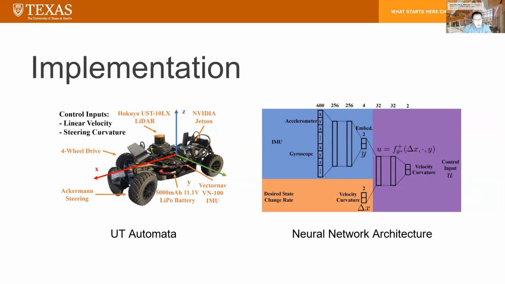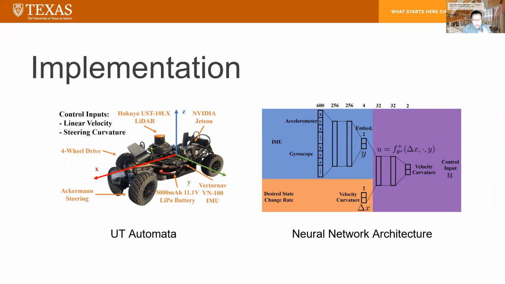In particular, the learning model we use is a neural network architecture shown on the right. The neural net takes in the last 100 IMU measurements, including accelerometer and gyroscope, spanning the last half a second. All of these go through an autoencoder to a two-dimensional embedding space, shown in blue.